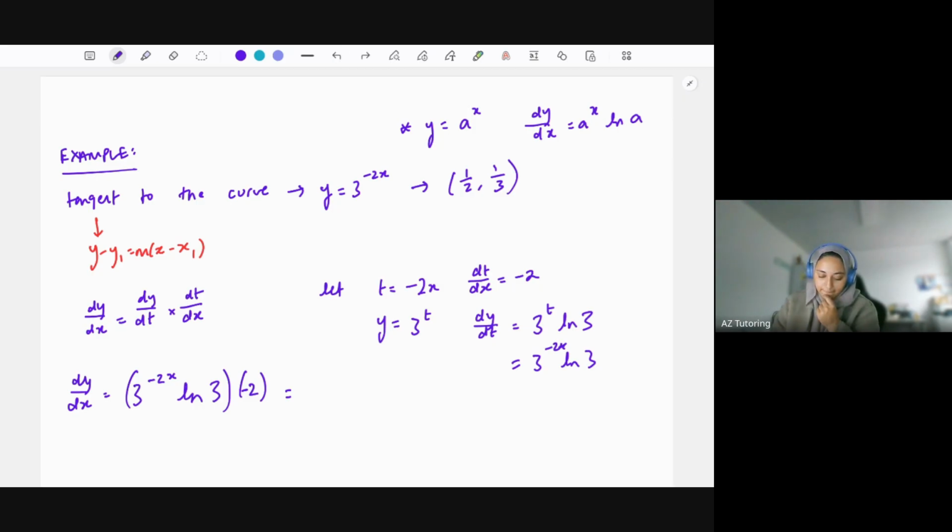We can just leave the minus 2; it doesn't really matter simplifying that, since we're just using it to find the gradient. So I'll just say minus 2 times 3 to the power of minus 2x times ln 3.